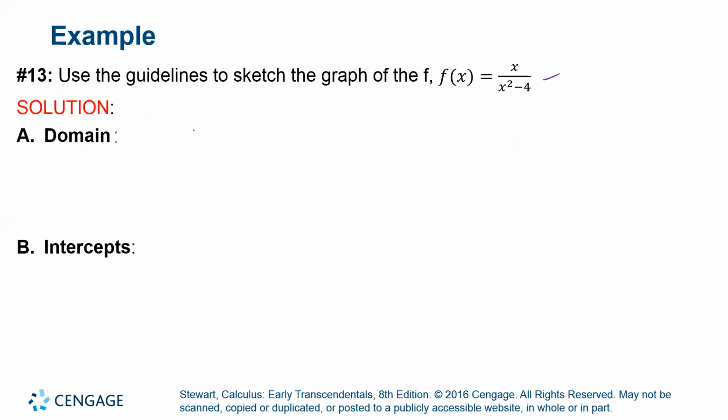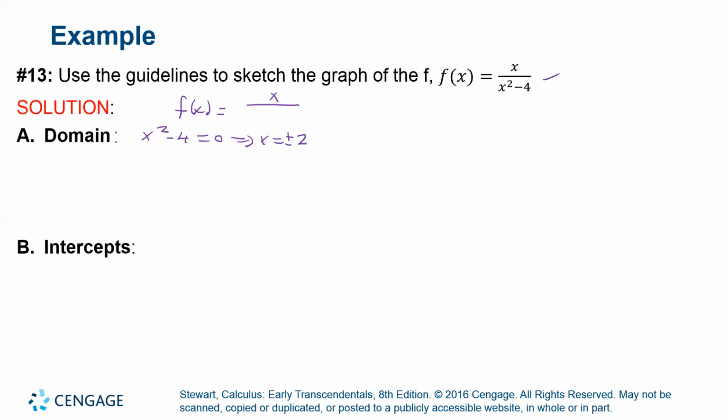The domain is that you don't want the denominator to be 0. So x squared minus 4, you set it to 0. If you solve that, you're going to have x equal to plus or minus 2. All right. Now let us factor this function.